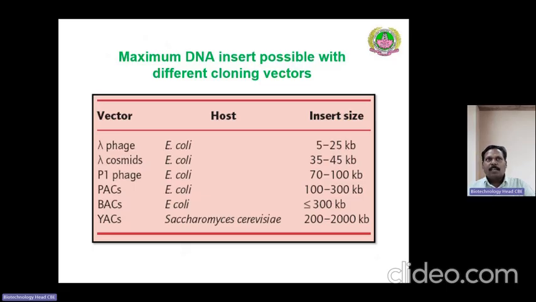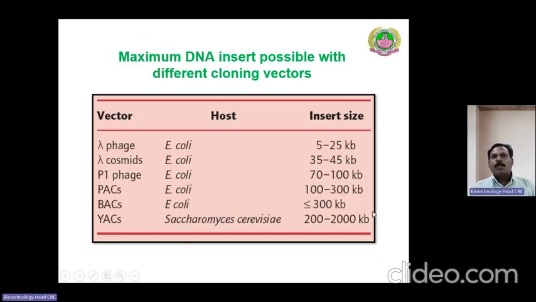The P1 phage, an unmodified P1 phage, basically has a 100 kilobase pair capacity, but if the P1 phage is combined with the bacterial artificial chromosome or modified to have a PAC system, P1 phage-based artificial chromosome, then you can have an increased capacity of 100 to 300 kilobase pair inserts.